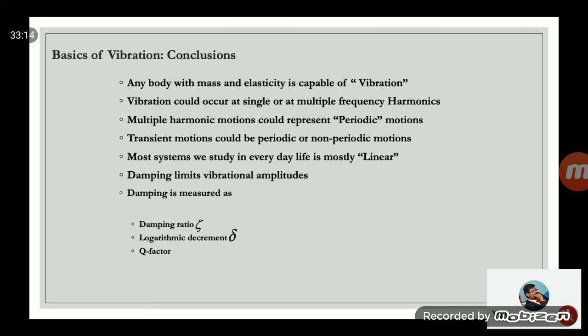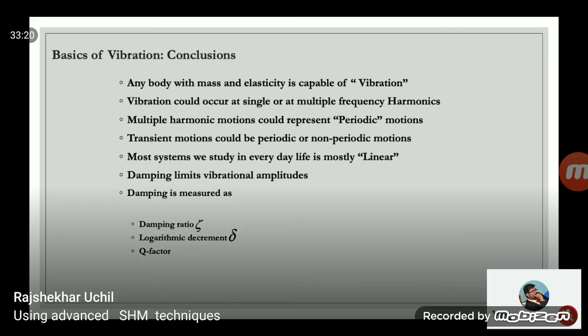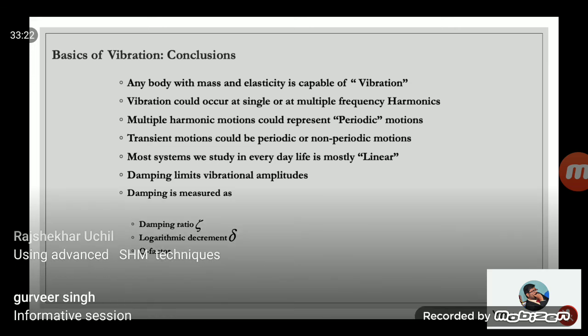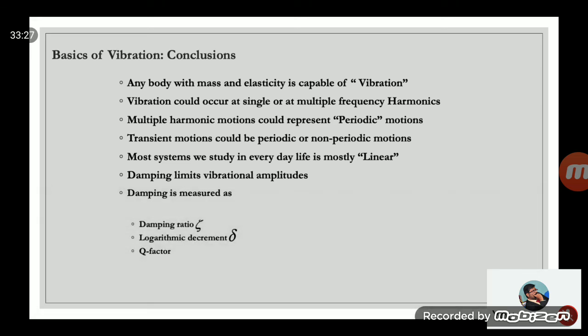Now I will just talk about the conclusions based on what we have discussed so far. A body with mass and elasticity is capable of vibration. It's all well known. It could be a single frequency vibration or a multi-frequency vibration which is harmonically related.